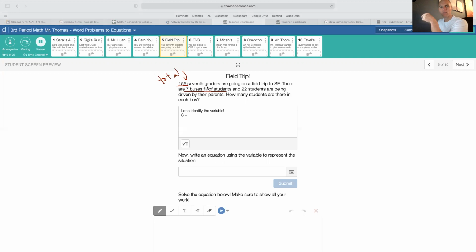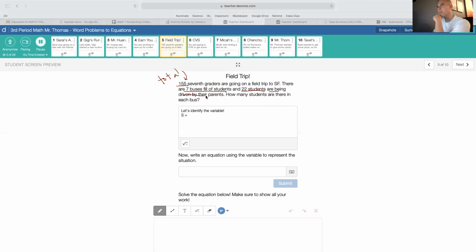And I notice that they don't give me a number of students there, right? They just say full of students. It's like a mystery. And that's usually a good clue that that's something we're gonna need to represent with a variable. And then the last important piece of information I see is 22 students are being driven by their parents.